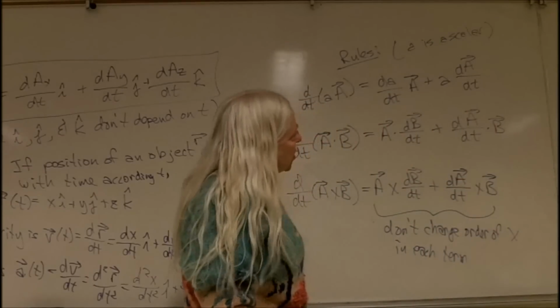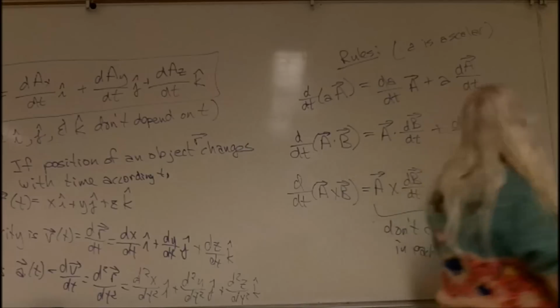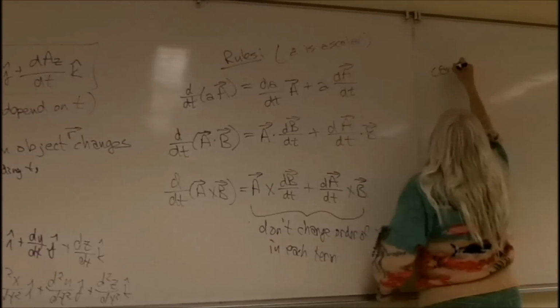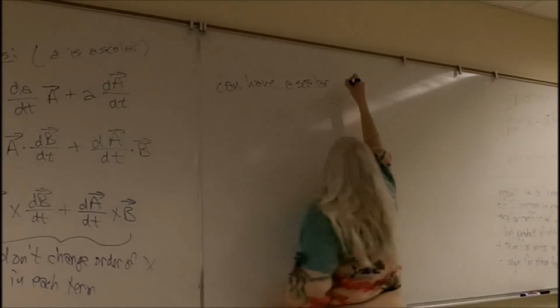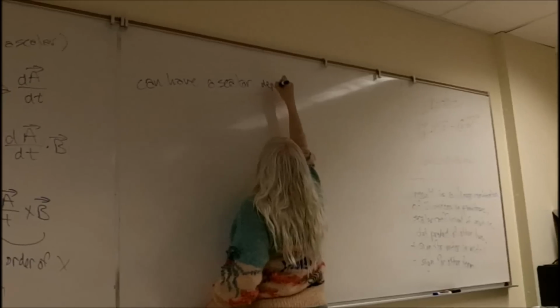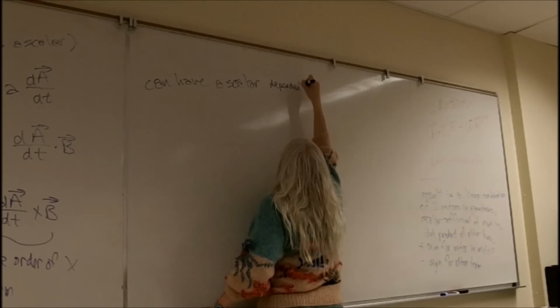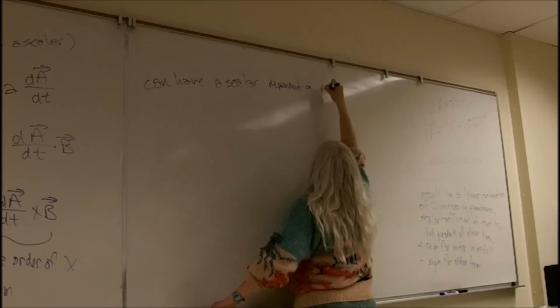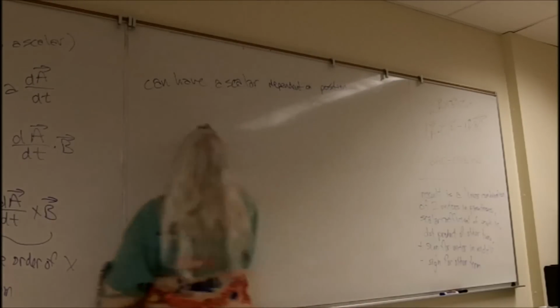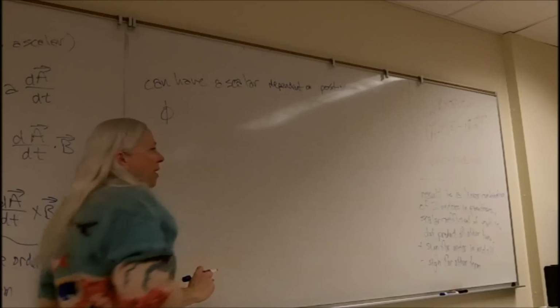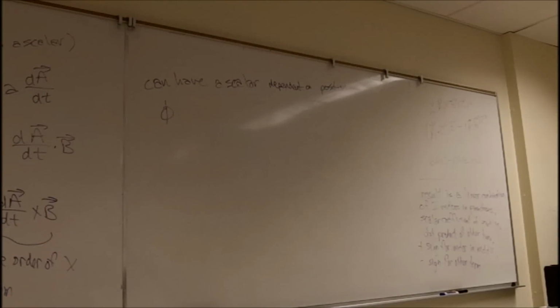So we could also have a scalar that depends on position. For example, I'm going to use phi, the Greek letter phi, for the scalar. That's a symbol we often use for angles, but I'm not necessarily talking about an angle right now.